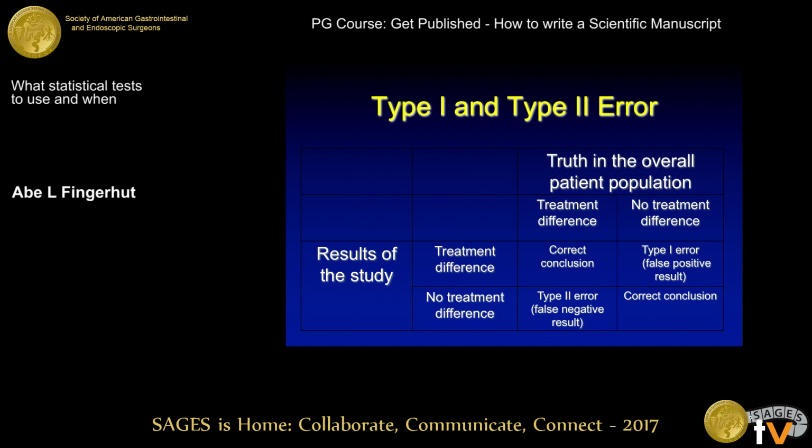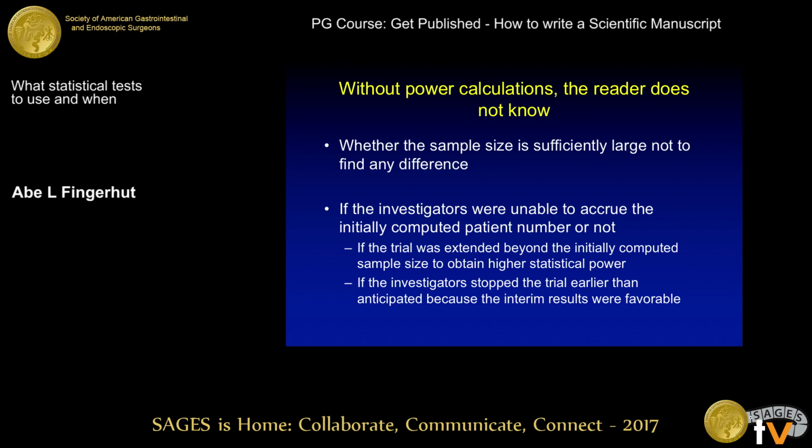It's very important, and it's all related to the type 1 and type 2 error. Without power calculations, the reader does not know, if you do not find a difference, if that absence of difference is indeed because there is no difference, or just because the population is not big enough.